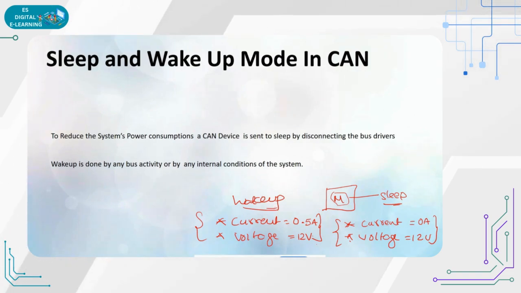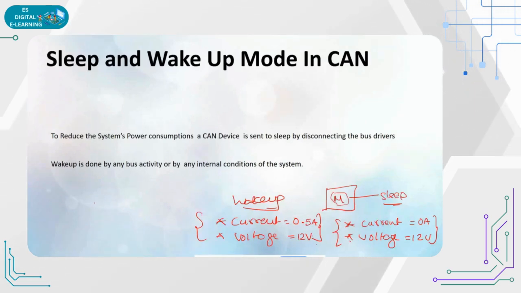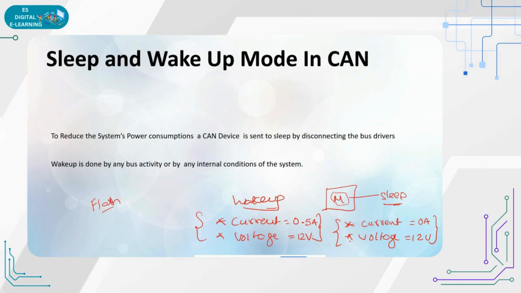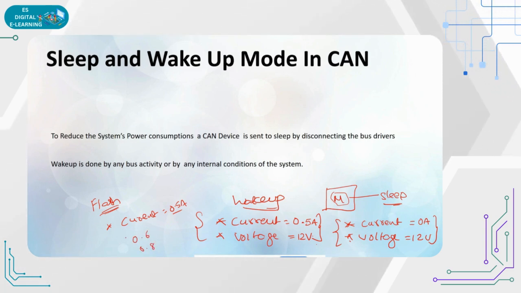How do you know whether the software you flashed in the controller is working or not? After flashing, you will see that the current consumption is 0.5 amps. It won't be exactly the same, but it will be 0.5, 0.6, 0.8, above that.